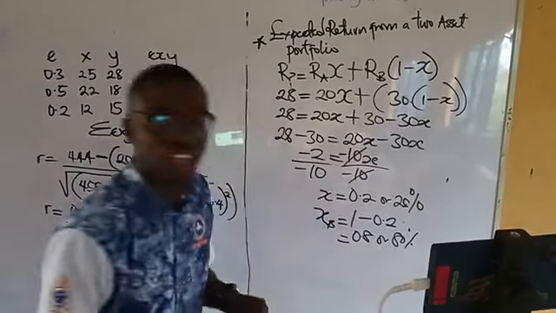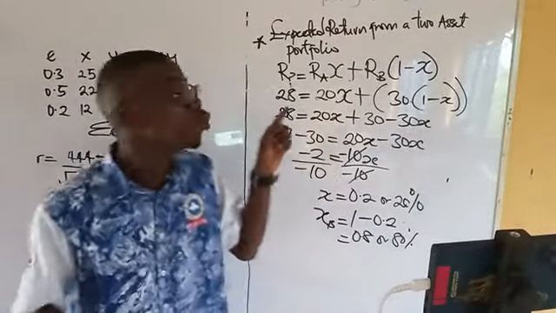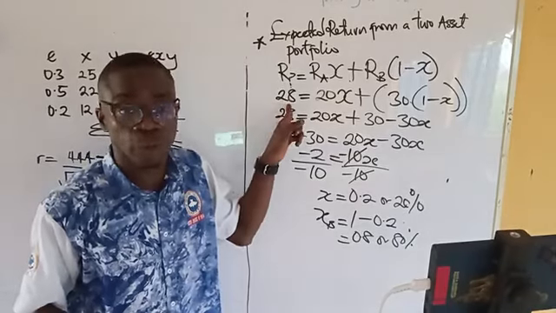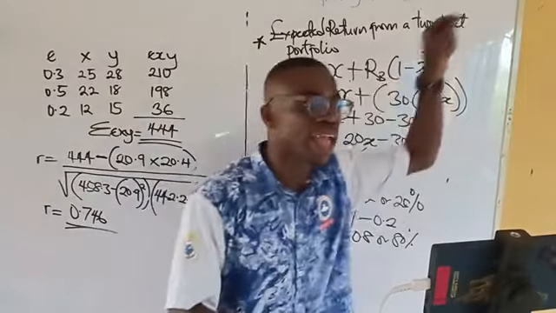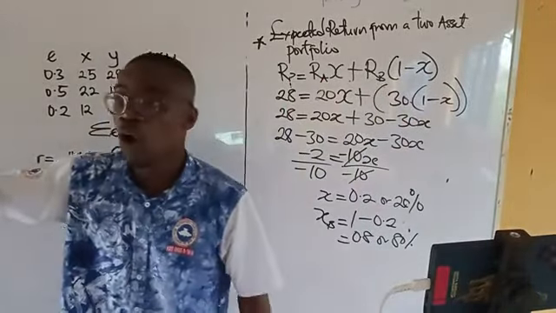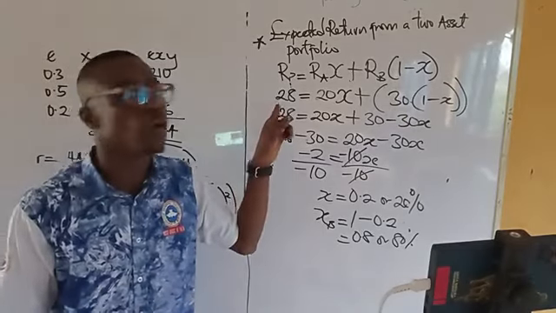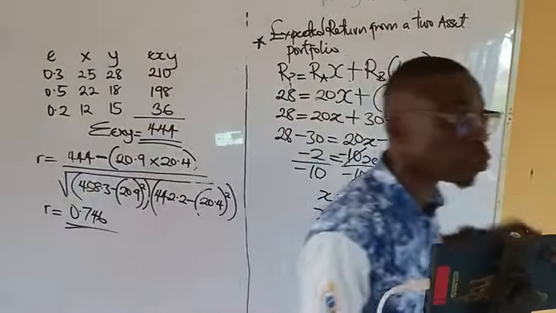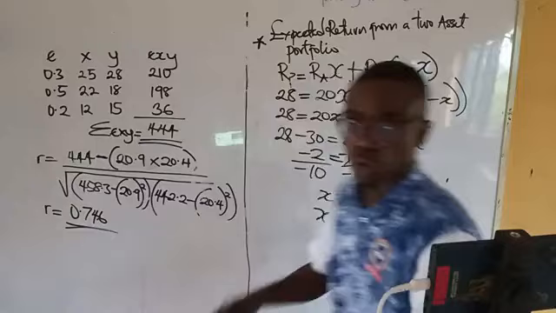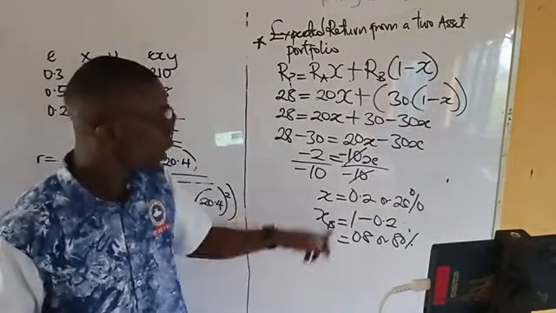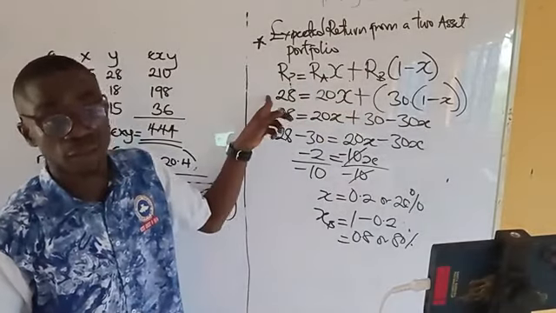So for you to have the expected return on the portfolio of 28%, you need to invest 20% on investment A and 80% on investment B. That will give you the desired expected return on the portfolio of 28%. So if you pick all these variables and multiply, you will get 28.